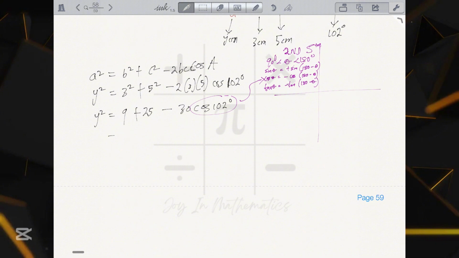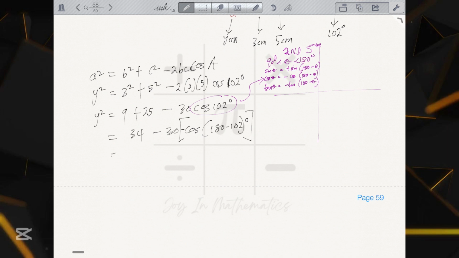Therefore, we will have 9 plus 25 will give us 34 minus 30, and cos 102 will be simplified as a negative cos 180 minus 102 degrees, because theta is 102 and we have our answer in negative terms.